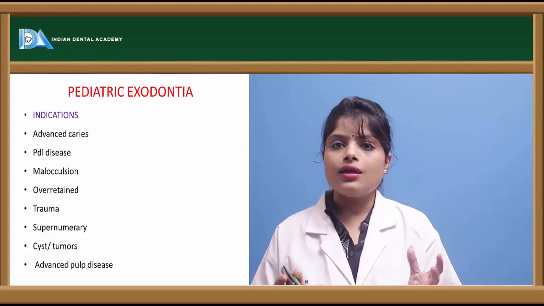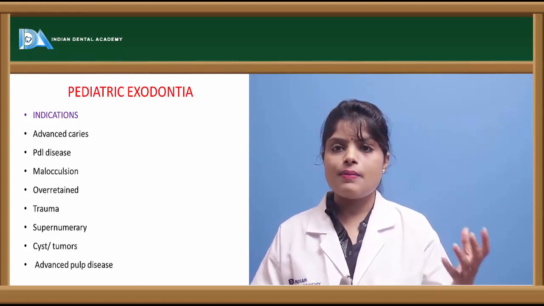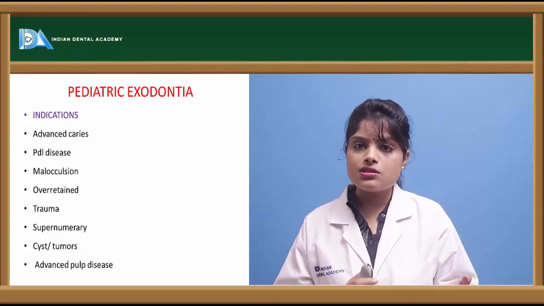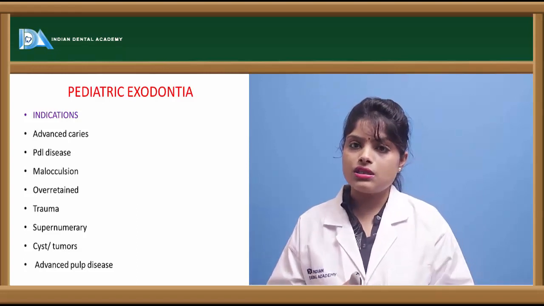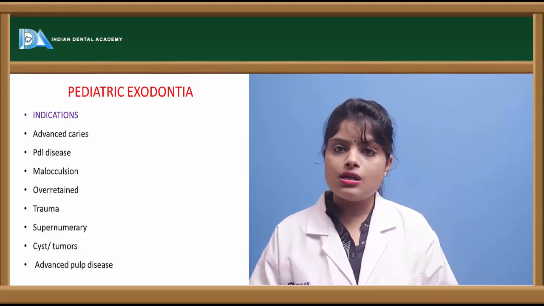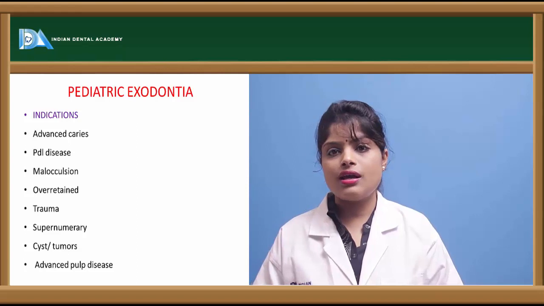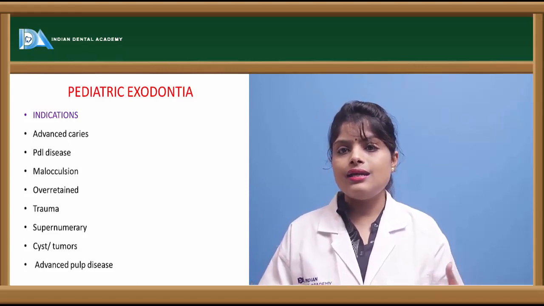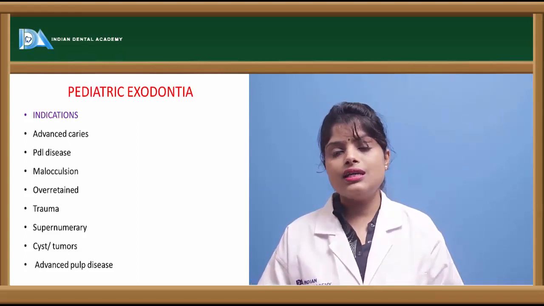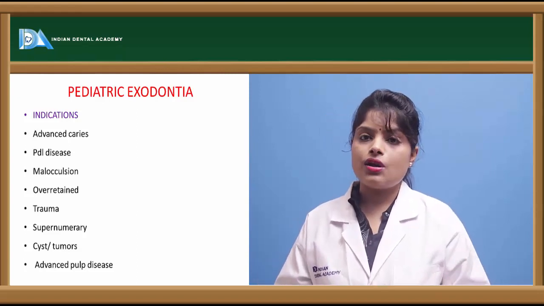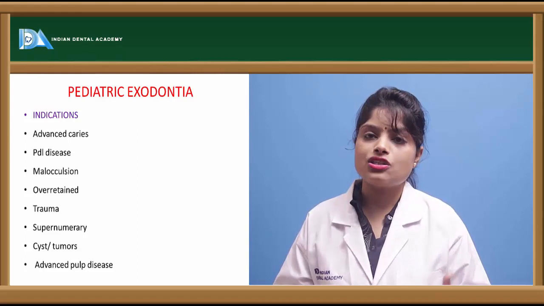Now, what are the indications of extraction? There are many indications, like pulp therapy procedures in the anterior or posterior teeth. Then there are oral surgical procedures like a mucocele, for example ranula, or impacted teeth, supernumerary teeth, or teeth which are required for orthodontic extractions.